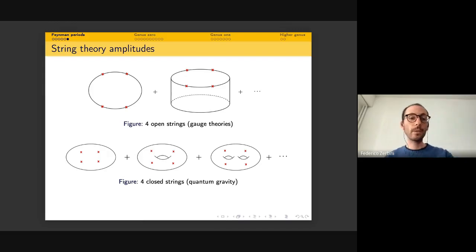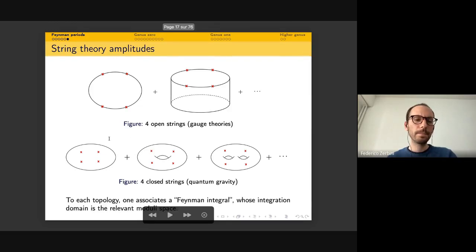And in fact, it turns out that, at least in the closed string case, you can think of these as Riemann surfaces. So you put a complex structure on them, and to each topology you will associate a way to compute this.